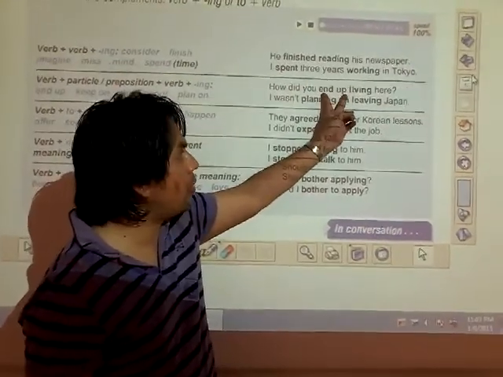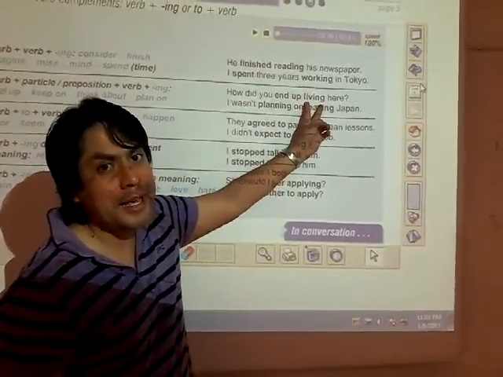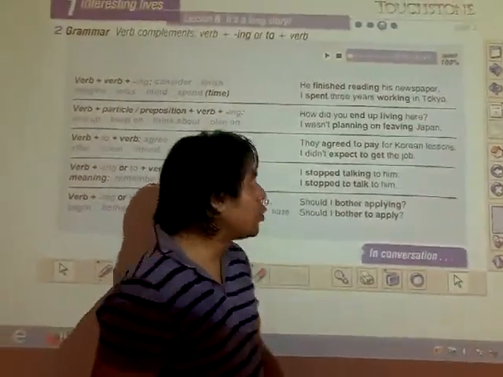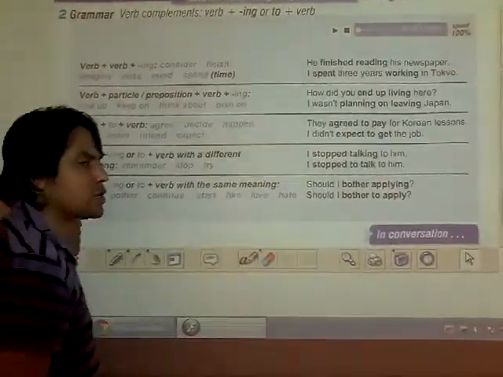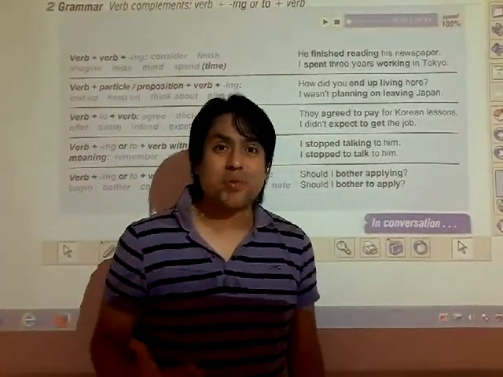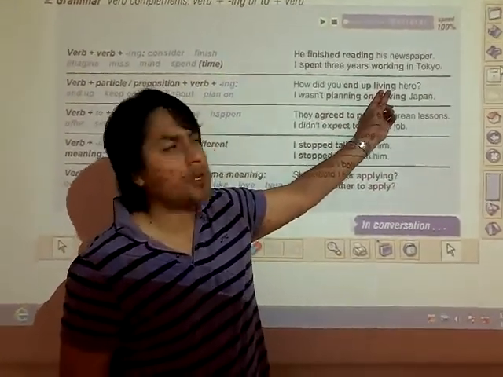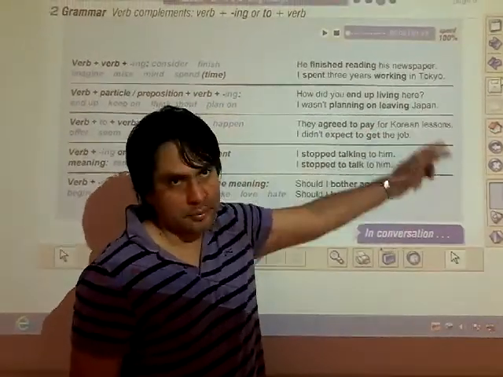You use the verb plus the particle, and then you use verb and ing. Living, a gerund. So always, if you have a verb and a particle, you have to use a gerund. Always. Remember, that's a rule. Right? Verb and a particle, then a gerund. Okay?